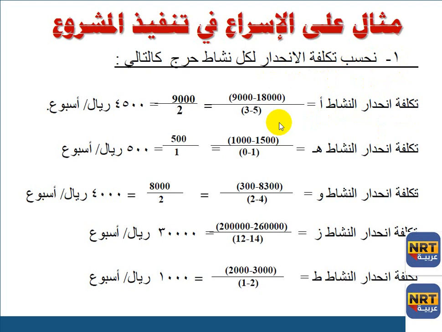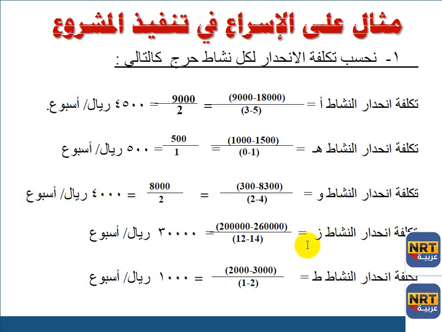Activity A, cost: 18,000 minus 9,000 equals 9,000, which is 4,500 riyal per week. Activity H: 1,500 minus 1,000 equals 500. Activity Waw: 8,300 minus 300 equals 8,000, which is 4,000 riyal per week.